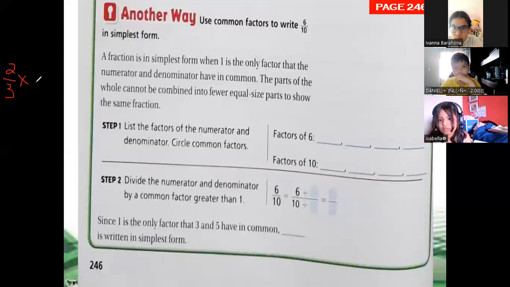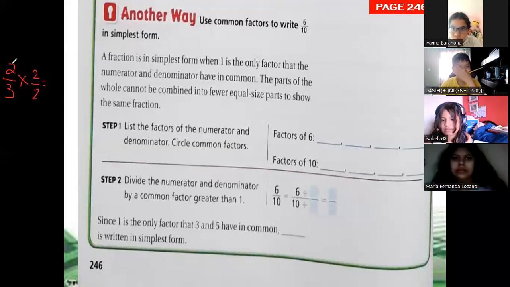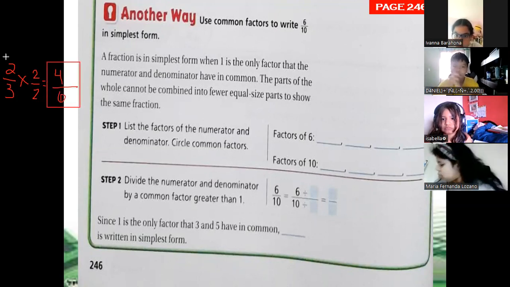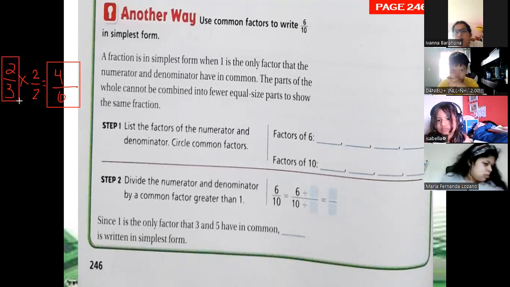It could be 2 over 2. Then you multiply 2 times 2, 4. 3 times 2, 6. So 4/6 and 2/3 are equivalent fractions. Equivalent means they represent the same amount.